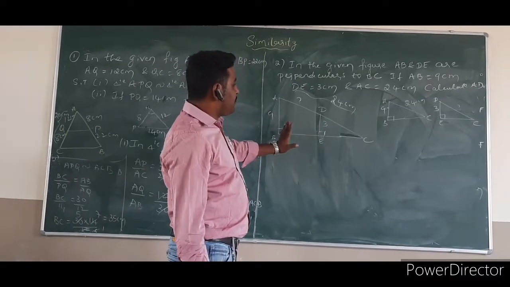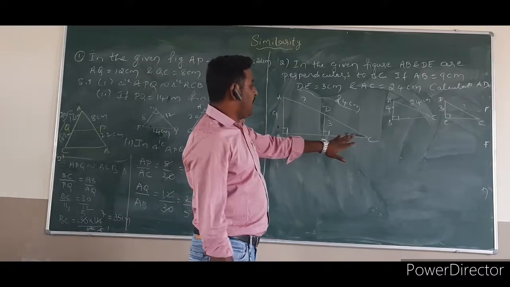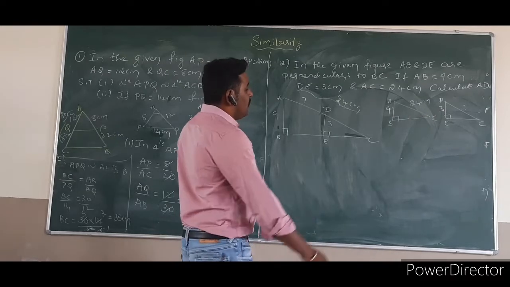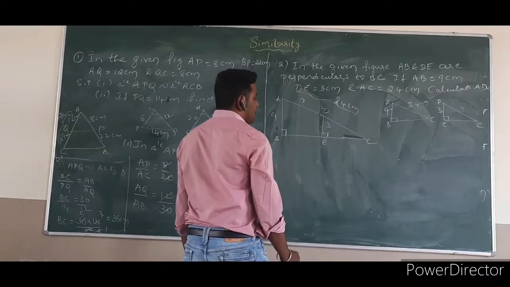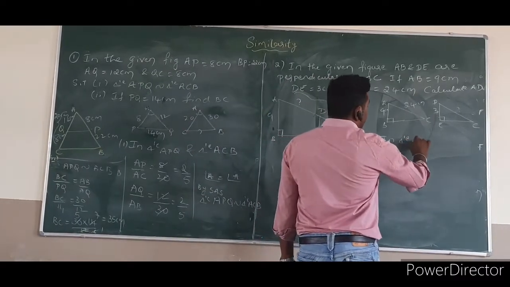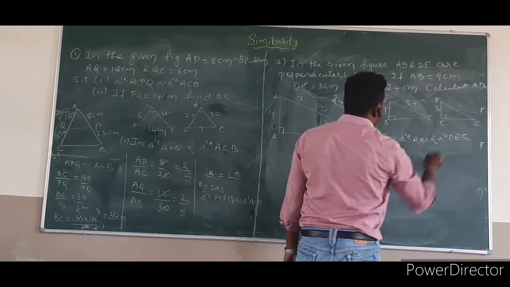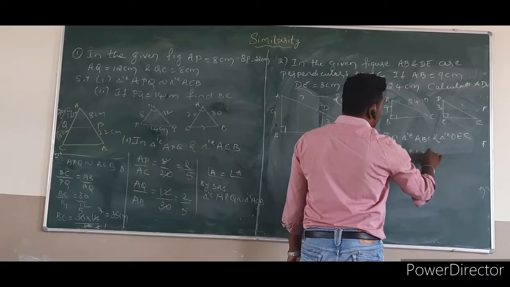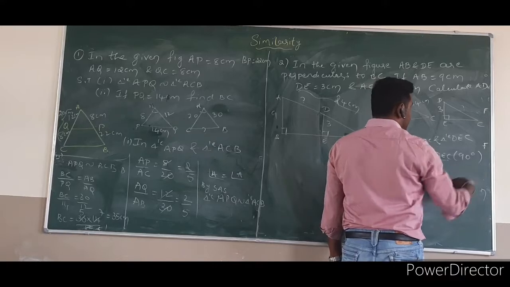So I am separating the two triangles here. First we have to prove that ABC and DEC are similar. So in that one, ABC and DEC. So which are the right angles in triangle ABC and triangle DEC? So here angle ABC is equal to angle DEC because 90 degree.